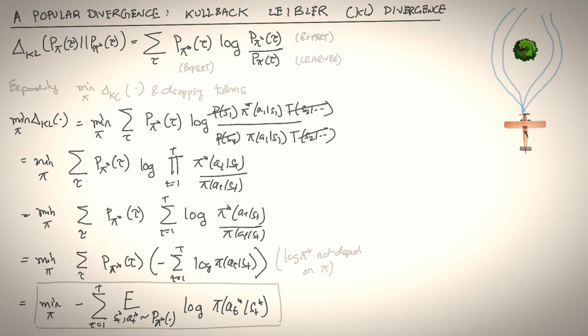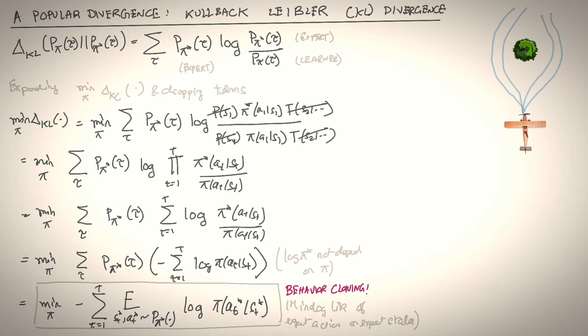Now this expression should be familiar to you all. This is behavior cloning. You're simply minimizing the negative log likelihood of the expert actions on states visited by the expert. We suspect what can go wrong with behavior cloning, as we've seen in lecture 2 and lecture 1, but let's do the exercise anyways.